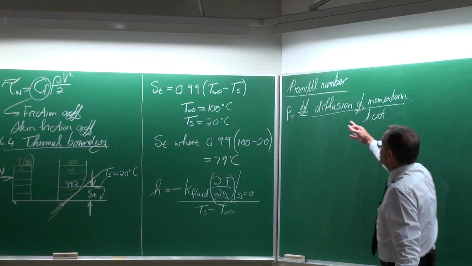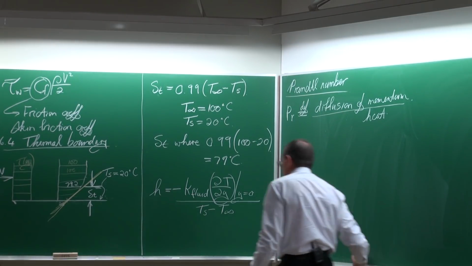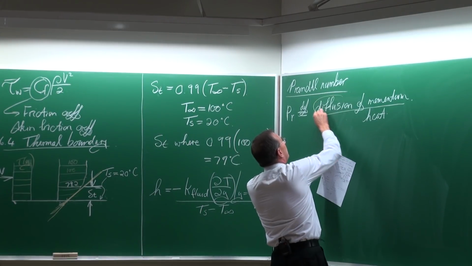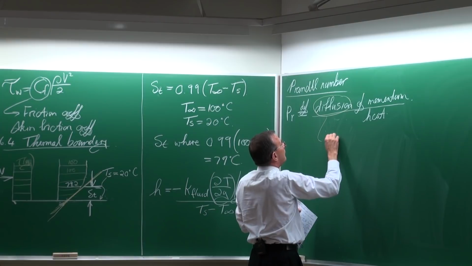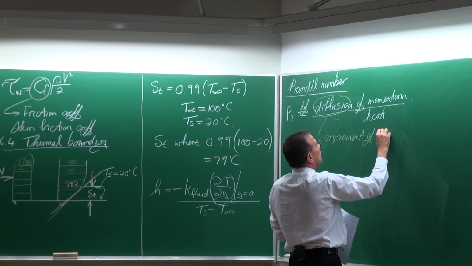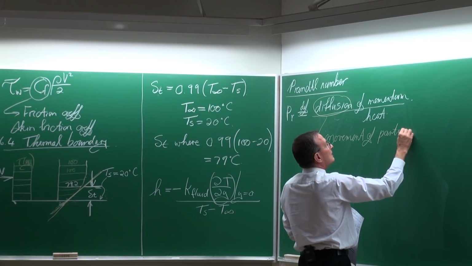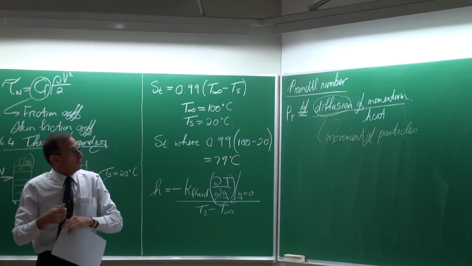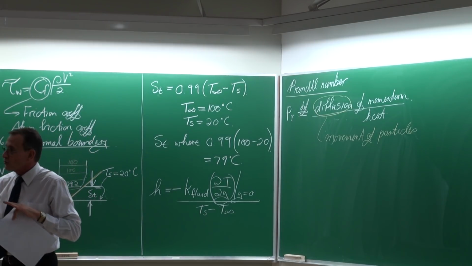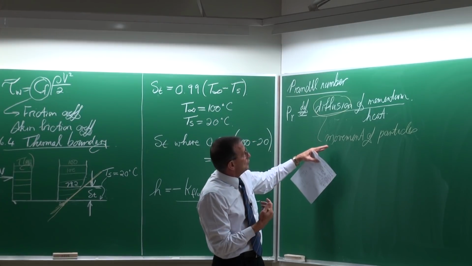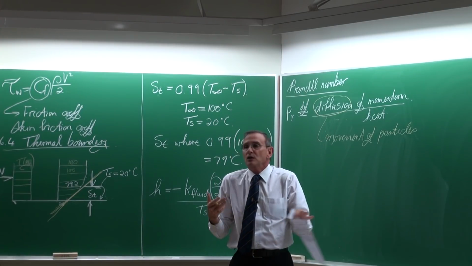Now, what does diffusion really mean? Diffusion means the movement of particles. So the Prandtl number is the ratio of the movement of particles because of momentum divided by the movement of particles because of heat.